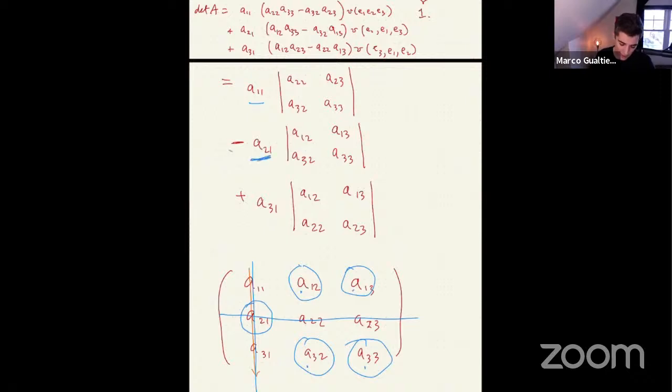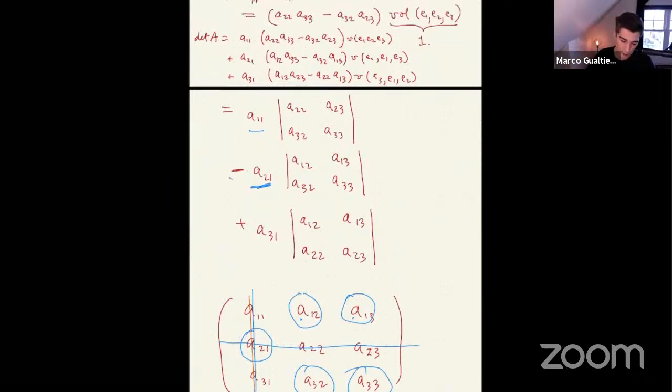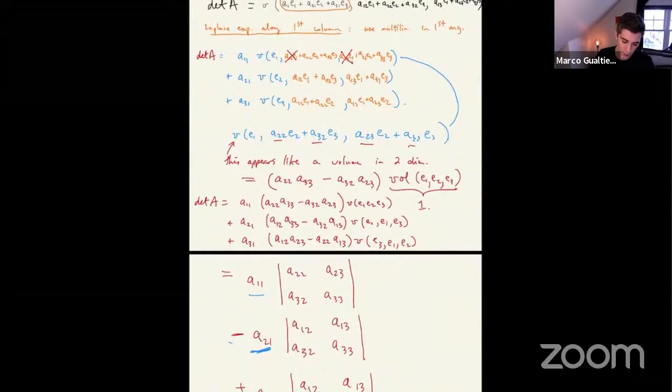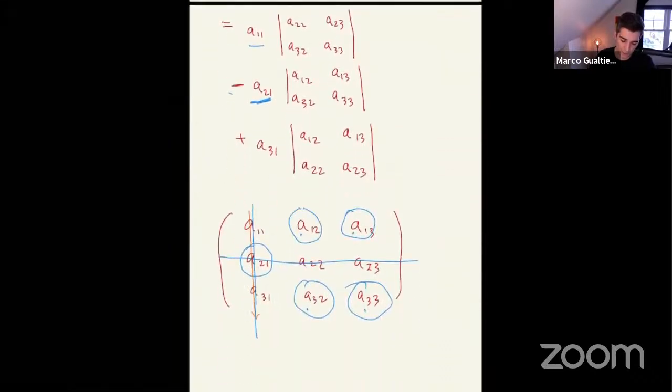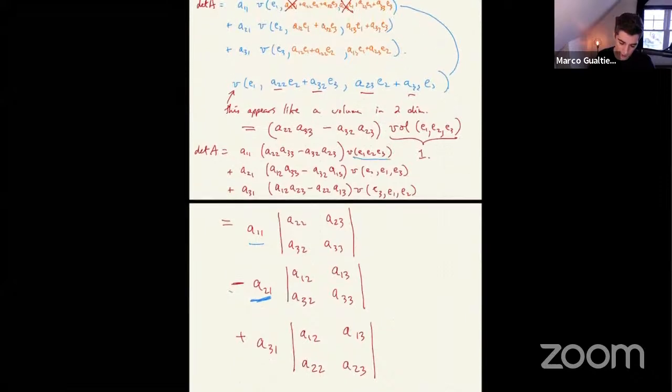And there's a minus sign because as you go down the row, there's an alternation because you're switching which order the volume is coming in. So because of these volumes being in a different order, it changes the signs in front of the terms.